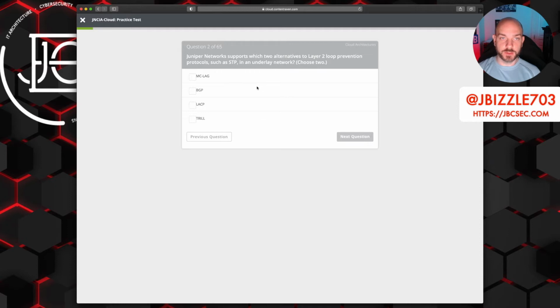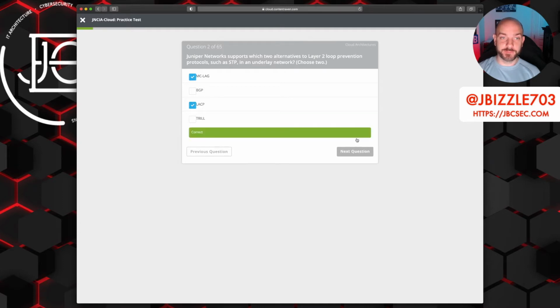I am going to say LAG groups and using LACP. It's not going to be BGP because that is a routing protocol, and TRILL, I don't remember off the top of my head what that stands for, but I know that both of these deal with link aggregation. Okay.